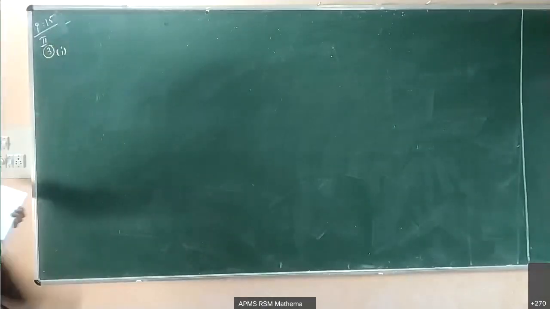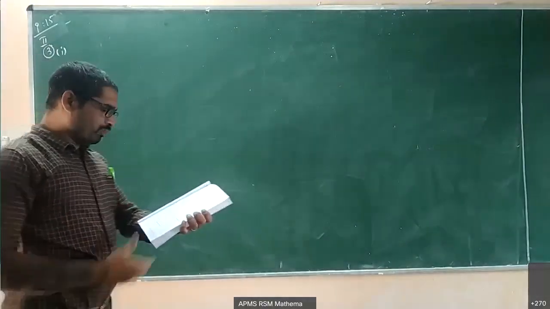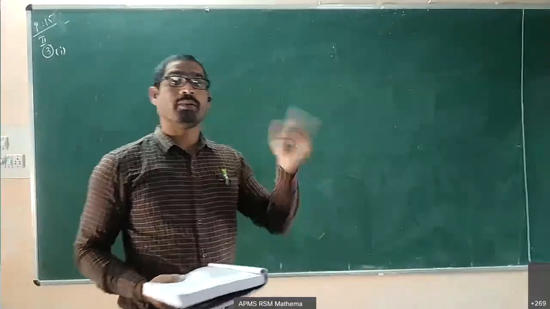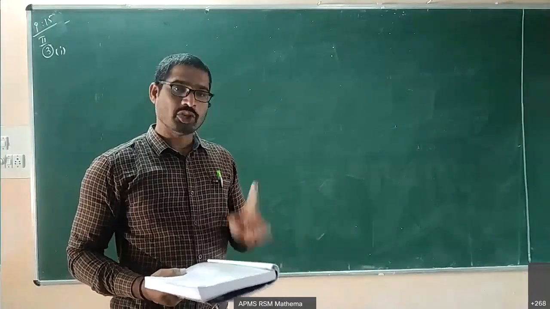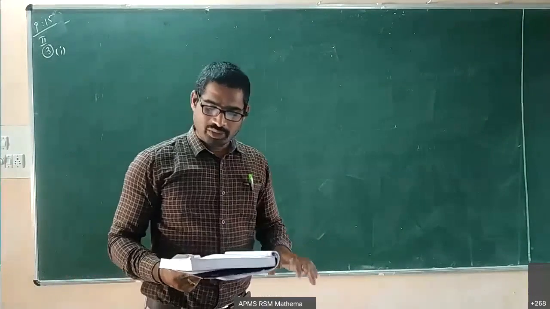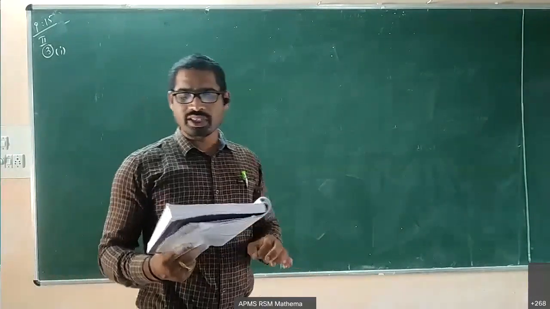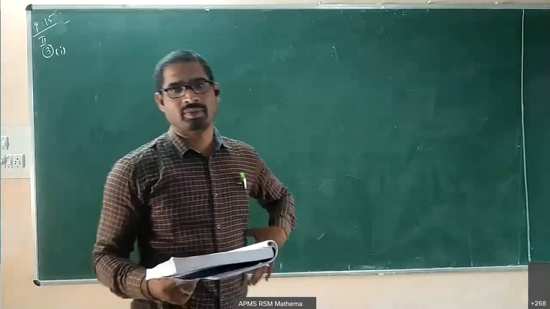Third problem, first bit. If (x minus iy) whole power 1 by 3 is equal to a minus ib, then show that x by a plus y by b is equal to 4 into (a square minus b square).